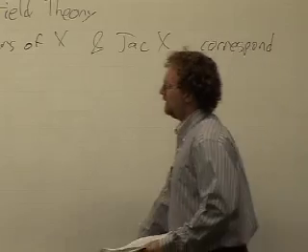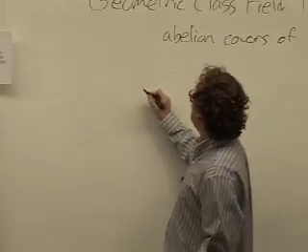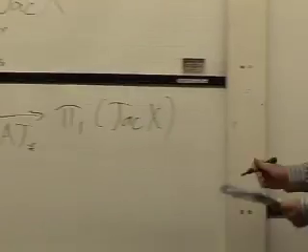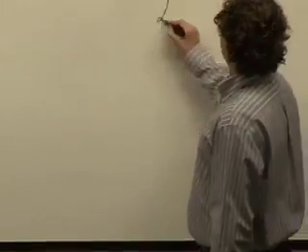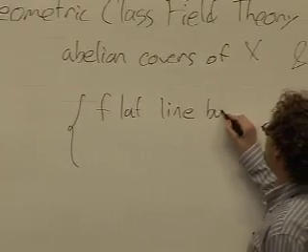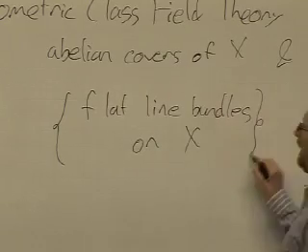So this may be not so exciting. Let's try to jazz it up a little bit. Instead of looking at finite abelian covers, I can look at something a little more complicated. I'm going to look at flat line bundles on X. So what's a flat line bundle on X?